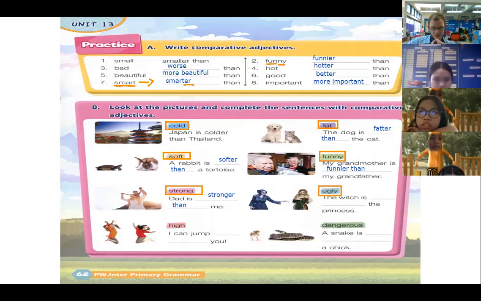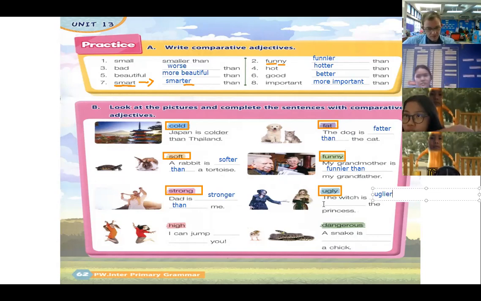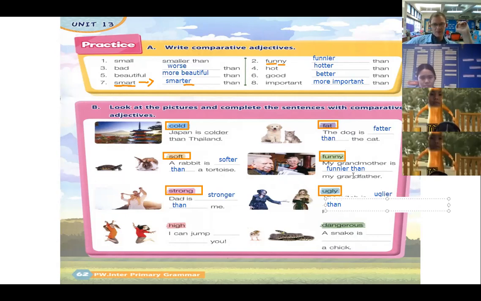How will we spell that? U-G-L-I-E-R. Than. Uglier than. Excellent. Remember, the word ends in a Y, so we change the Y to an I and we add ER.